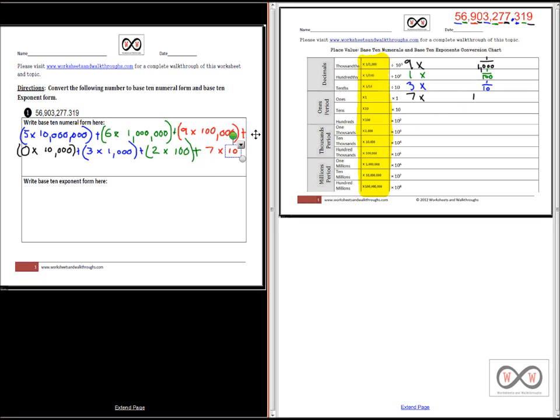Put in our parentheses again. Plus, and we'll keep moving up. That digit 7 was in the ones place. It's 7 times 1.